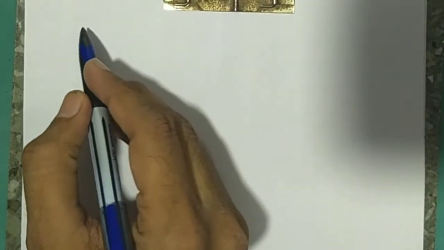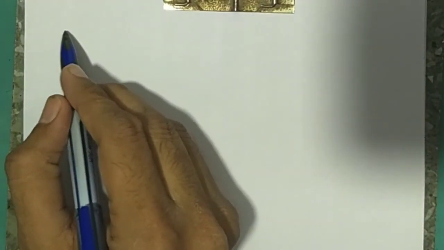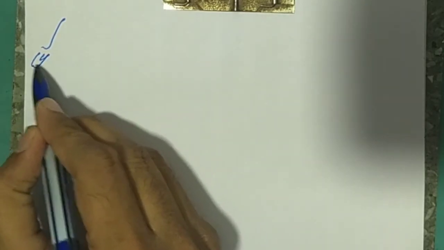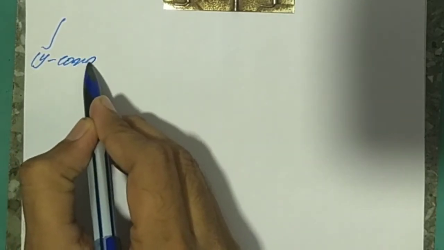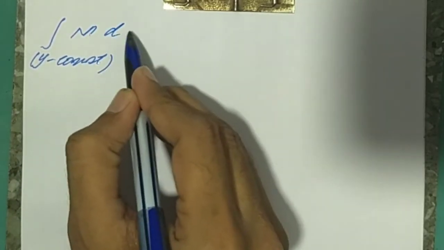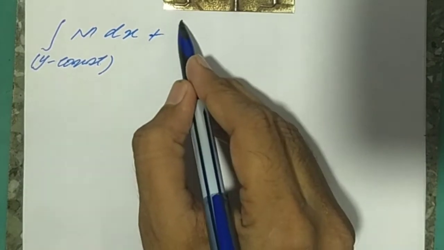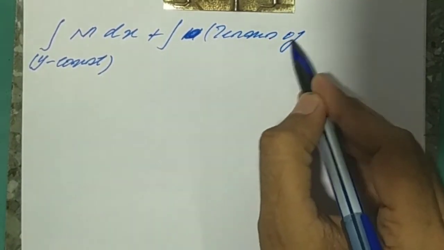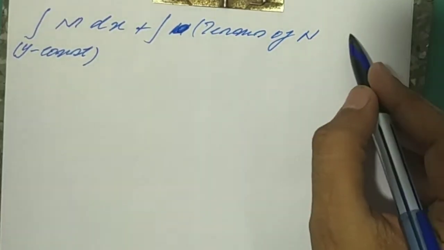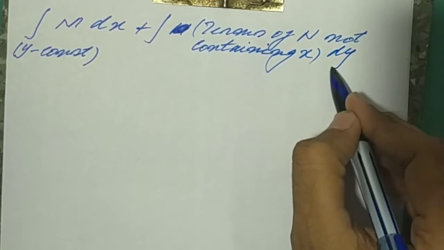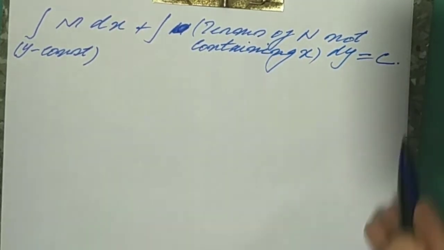So the solution of the given exact differential equation will be integral, keeping y as constant, M dx plus integral of the terms of N not containing x, dy, is equal to c.